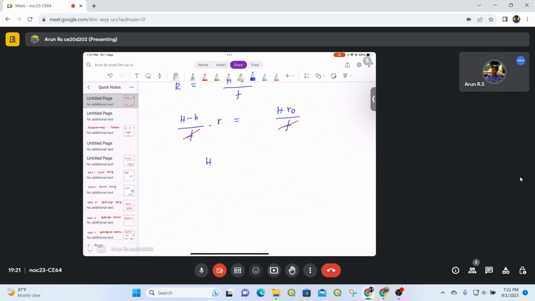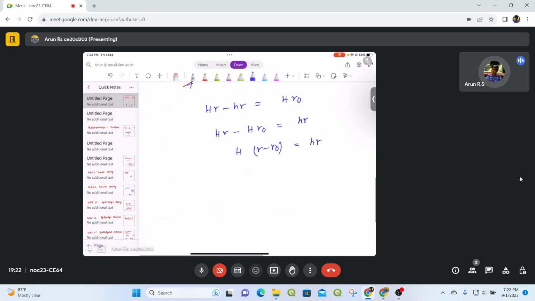Then the remaining will be Hr minus hr. So here capital H is common, so we can bring it to one side. Minus capital H into r naught should be equal to h into r. So if I take H common, this is r minus r naught into H equals hr. So r minus r naught, that is the relief displacement.